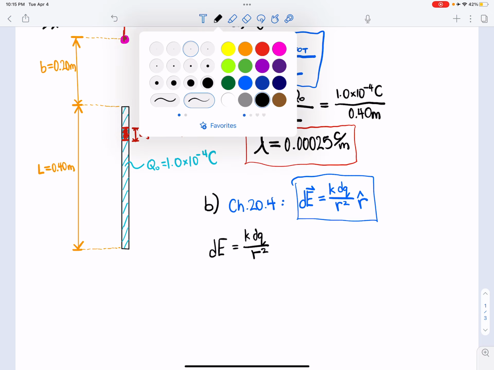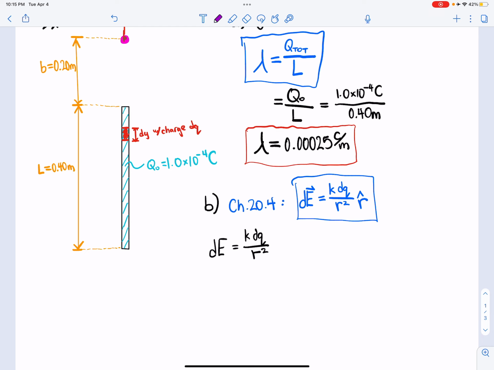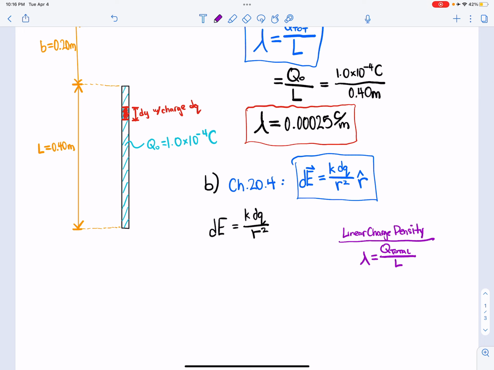So, a little side quest. My linear charge density, okay, that's lambda, right, is equal to q total over the total length, right? So in other words, q is equal to my charge density times my length, okay?